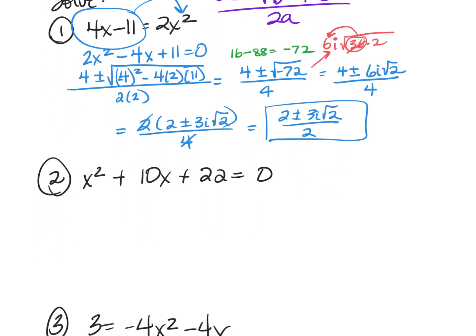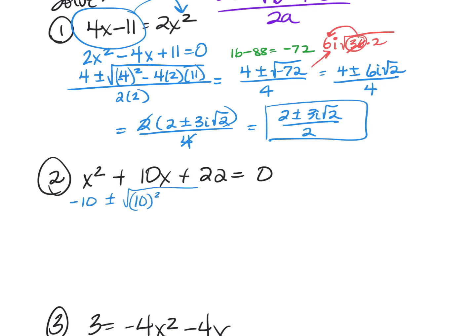Let's try number 2. This is in standard form, so I can just jump right into the quadratic formula. Negative b plus or minus the square root of b squared minus 4 times a times c, all of it over 2 times a. So let's clean it up.